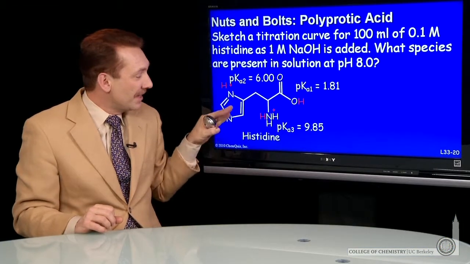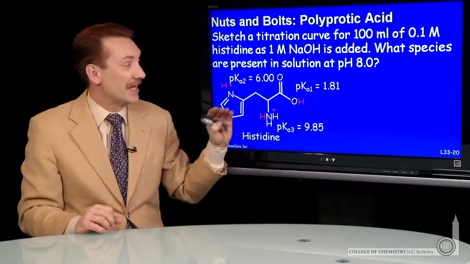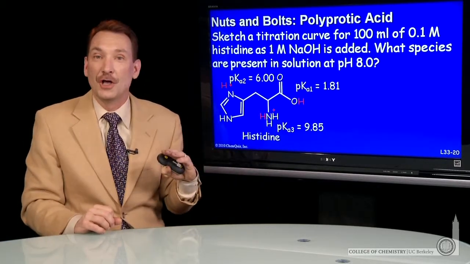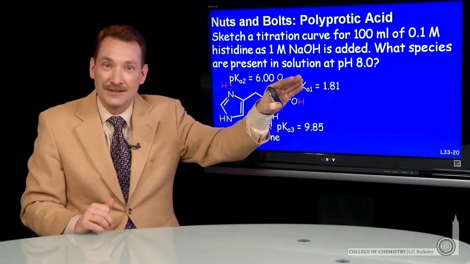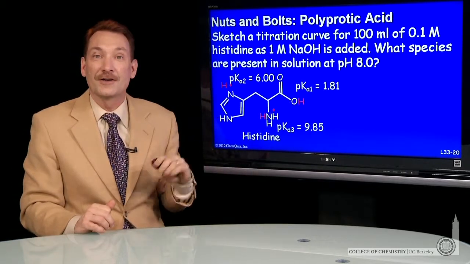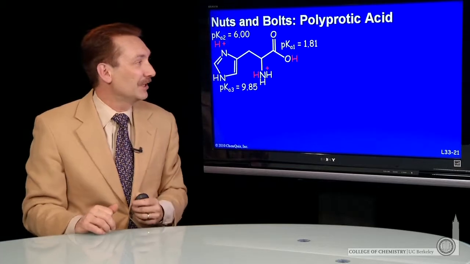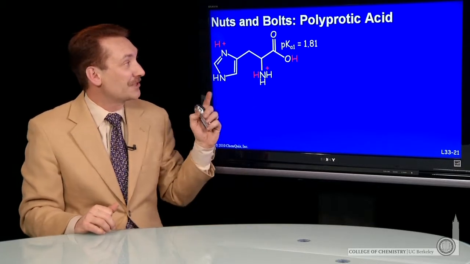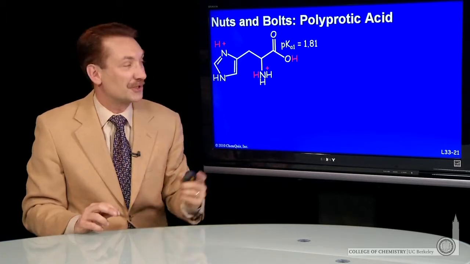So let's look at adding base to histidine starting at a low pH, below 1.81, and observing as these 3 protons are sequentially removed. So here I've drawn the molecule again, and I want to start by just talking about the first proton to be removed from solution.